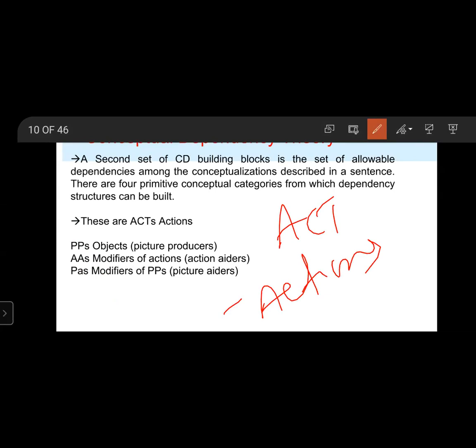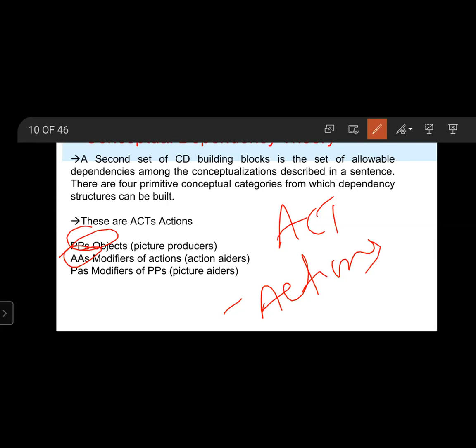Next, PP: PPs means objects, that is, picture producers. Next, AA: AAs means modifiers of action, that is, action aiders.